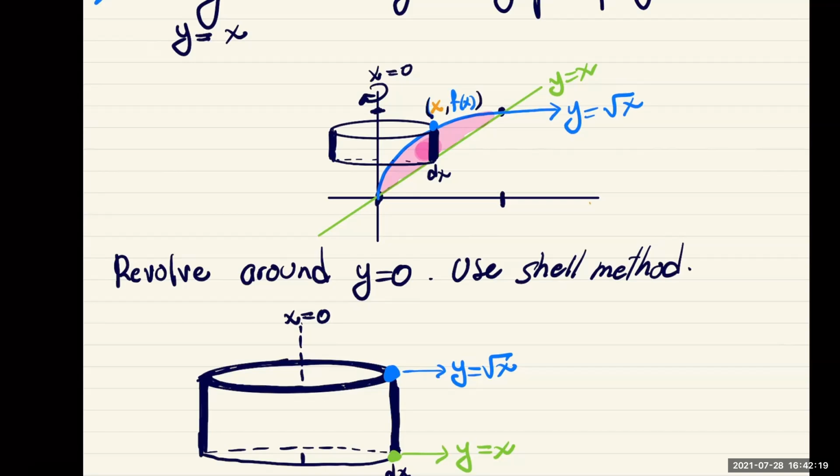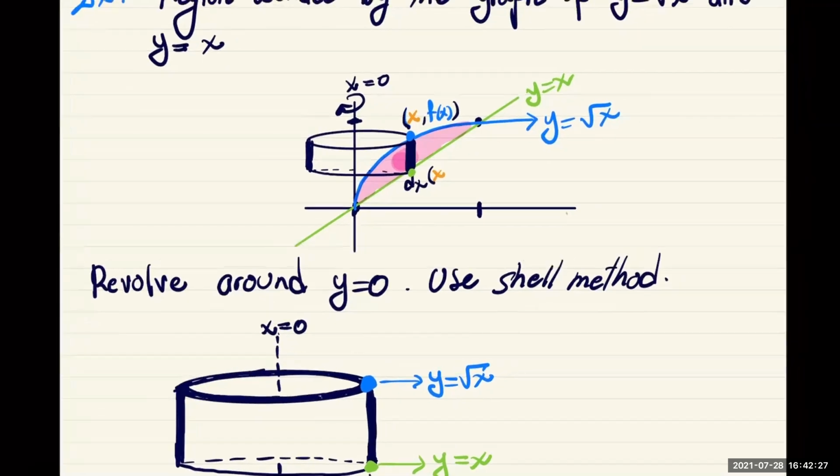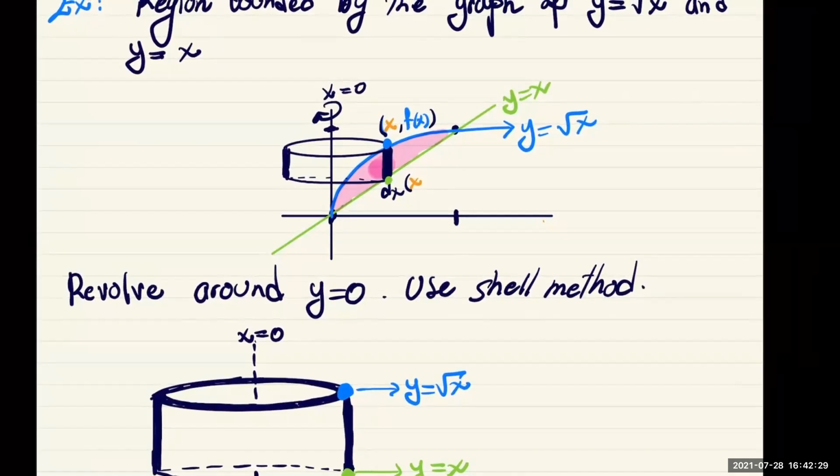And this point here is x. Actually, instead of f of x, we actually have an expression for that. The expression here is square root of x. Okay, and for this point, the coordinates are x, and the y value is also x.